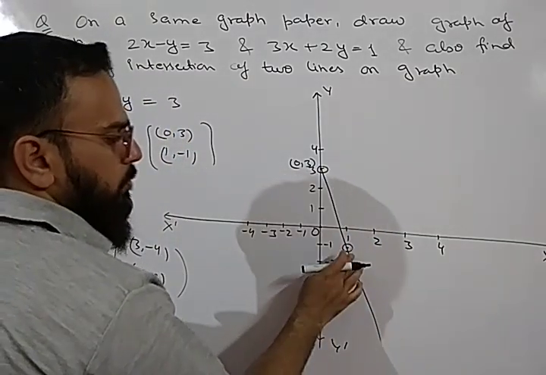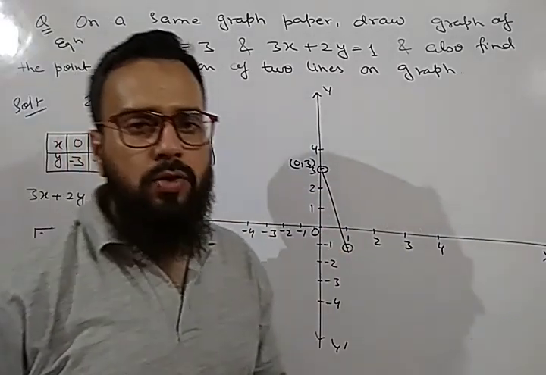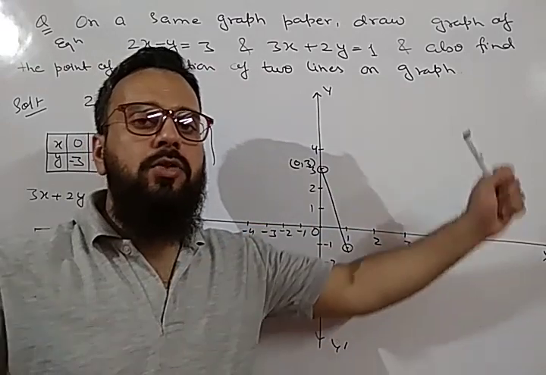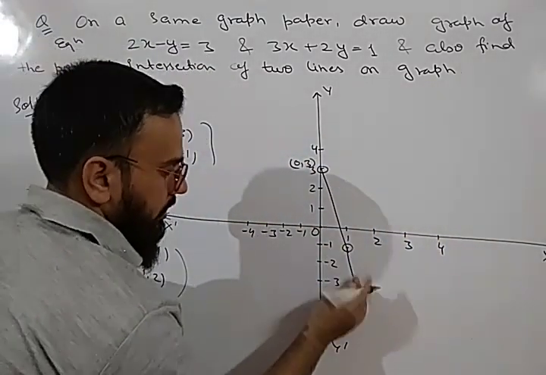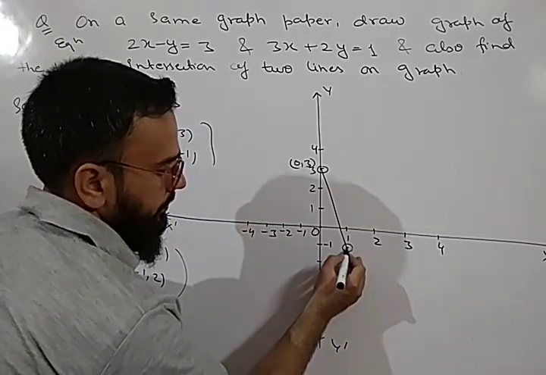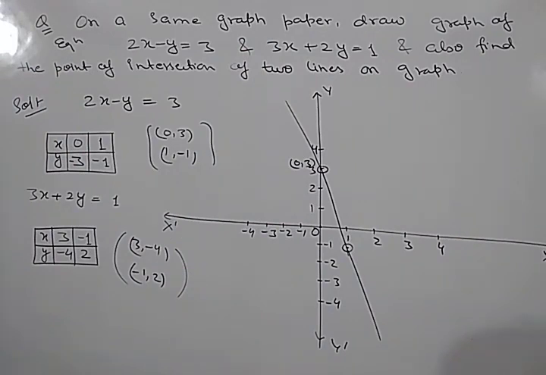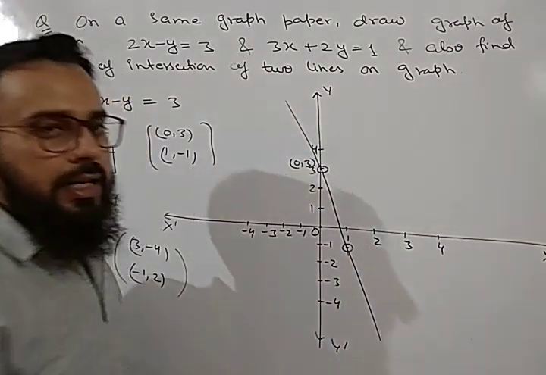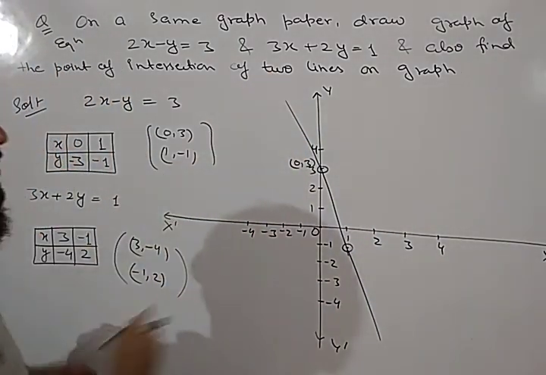Because it is a line, by joining the 2 points you will get a line, and the line can be extended to both the sides. So we can extend this line on this side as well as on this side. You will use the scale so that it will be a straight line. Clear?